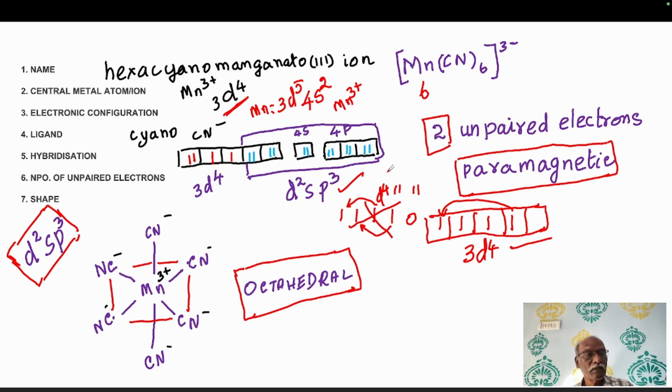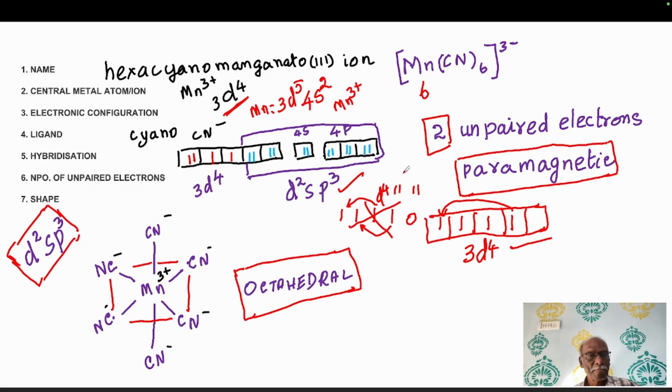Now you understand? Two unpaired electrons are left out and thereby it is paramagnetic. And its hybridization is d2sp3. And this is the representation, and it is an inner orbital complex, because no 3d orbitals, only two 3d orbitals are made use of.